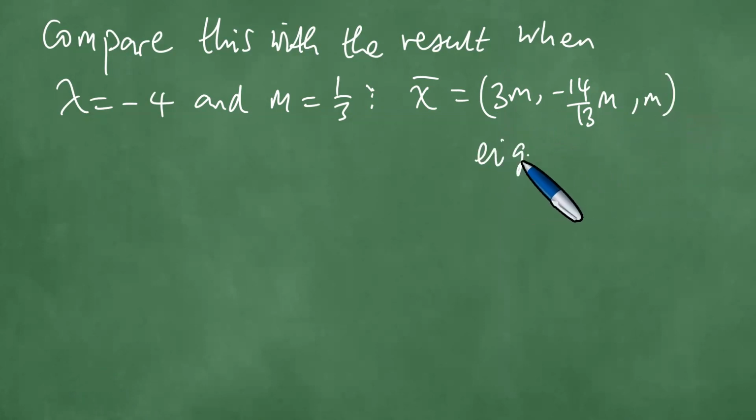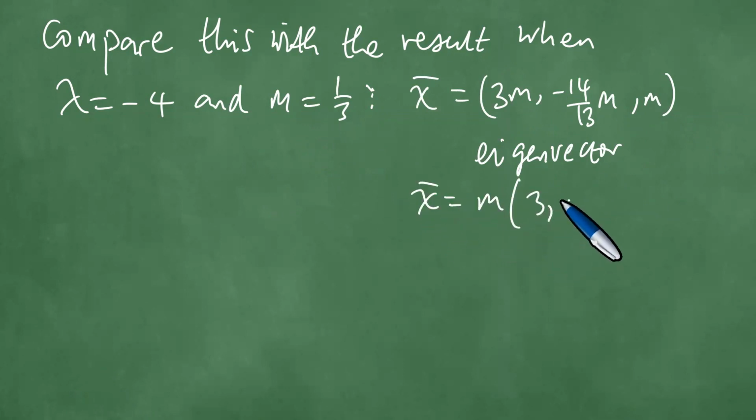So this sort of becomes the eigenvector, and one can choose this. You can factor out this and have this. When m is 1/3, you can choose m to be 1/3 because it's arbitrary.